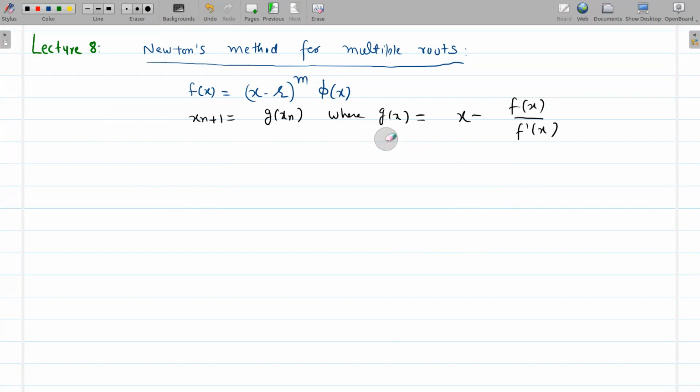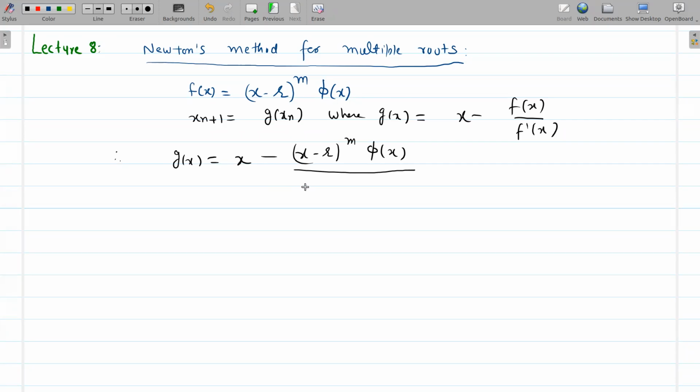So firstly, I will simplify this g. So now g of x is x minus f(x). So what is f(x)? (x minus r) power m phi of x. And what is its derivative? Apply product rule.